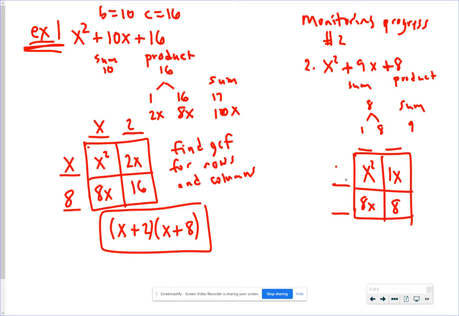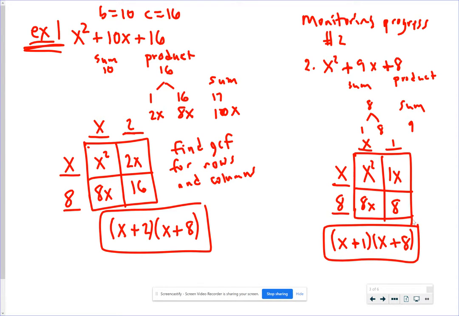So top row, GCF is x. Bottom row, 8. First column, x. Second column, 1. Now I have my factorization, x plus 1 times x plus 8. And I could switch the order and write it as x plus 8 times x plus 1. That would be the same thing. That's the monitoring progress number 2. Then we're going to go to example 2 in the big ideas notes.